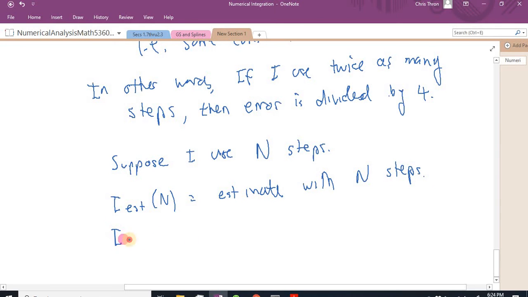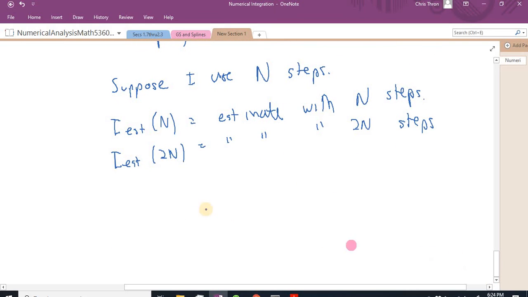So let's say I est of 2n is equal to the estimate with 2n steps. Okay. Now, I est of n is equal to I actual plus epsilon, and this epsilon is the error.